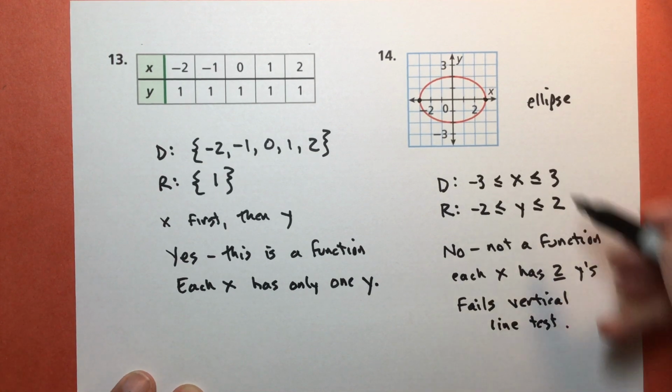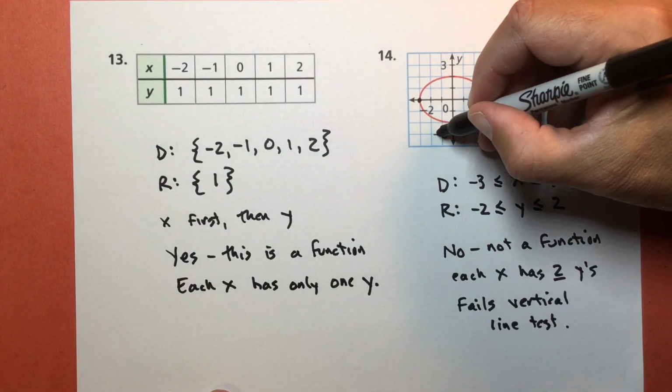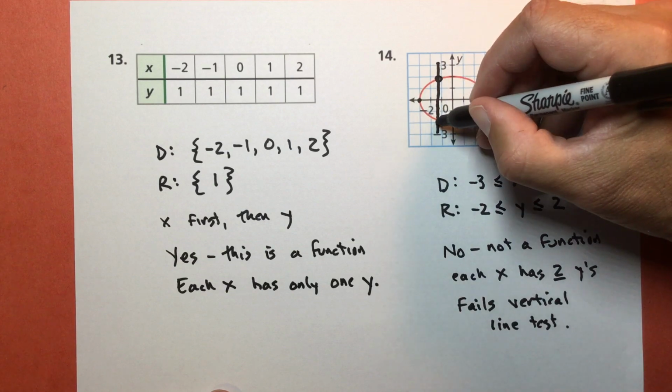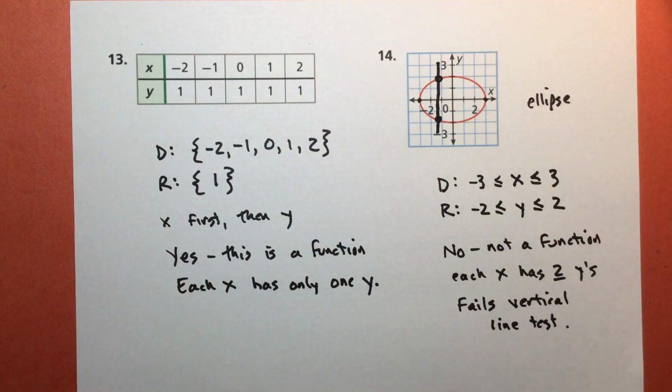The vertical line test says that if I draw a vertical line, right here, and it crosses in more than one place, then it is not a function. I'm not going to say if it crosses in 2 places, because in a different graph there might be more than 2. But if it crosses in more than one place, then it is not a function.